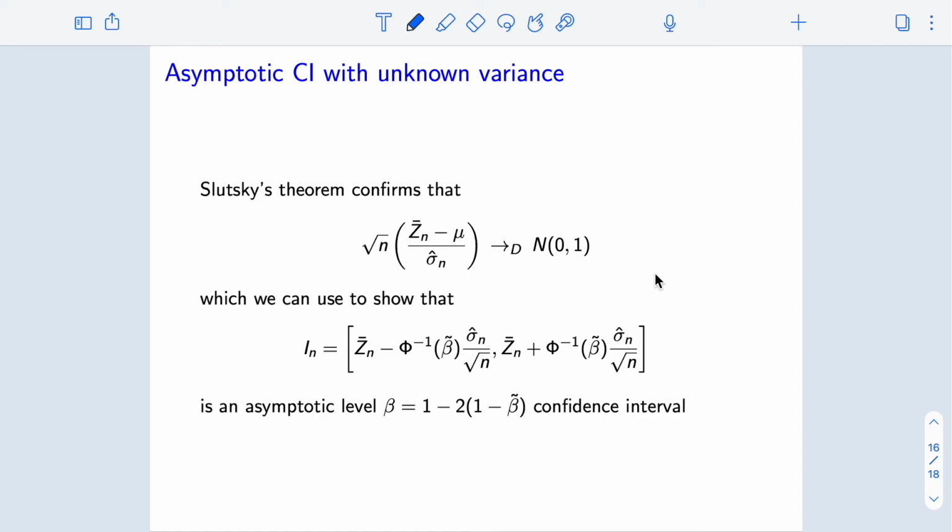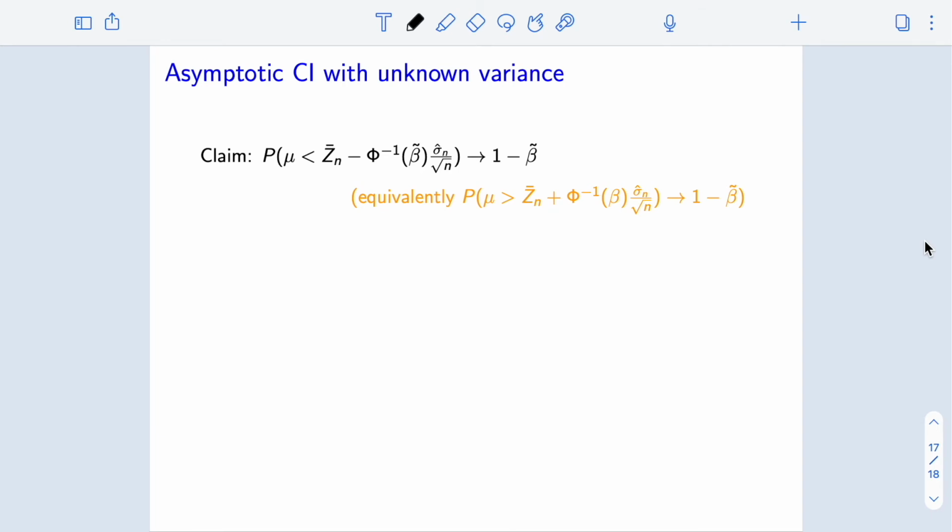This leads us to the fact that if we look at the interval from before, where we have now swapped out the true sigma for our estimate, sigma hat n, this does give us an asymptotic confidence interval with the right level of coverage.